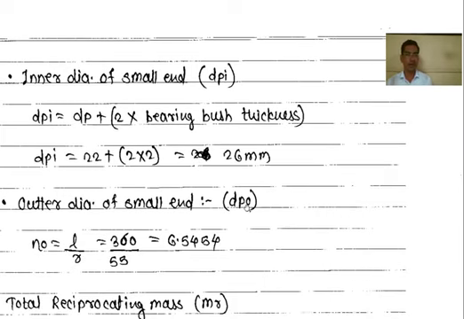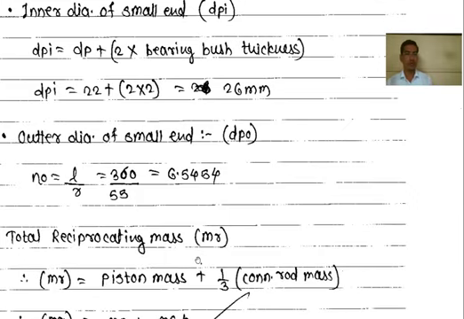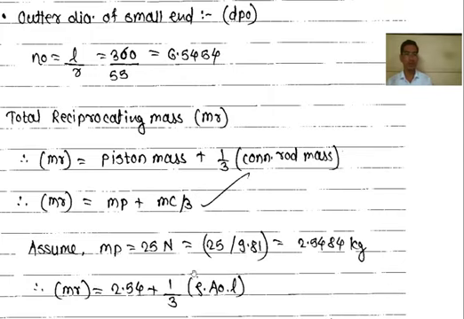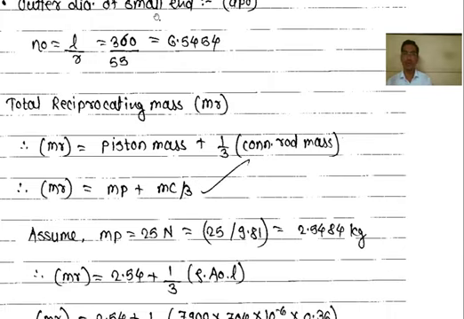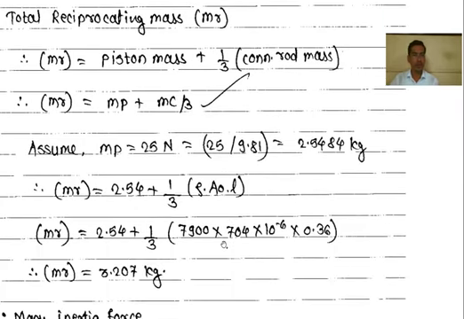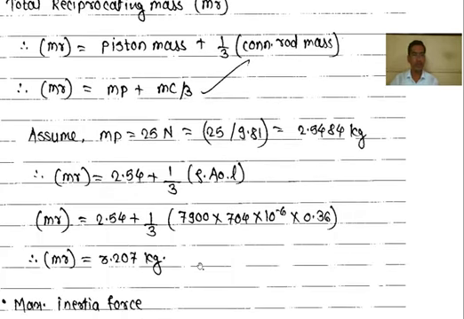Then the outer diameter of the small end DPO. We have to calculate N, which is equal to L upon R, so that comes as 6.5454. So the total reciprocating mass MR is equal to MP plus MC by 3. So putting MP is equal to 25, you will get the total reciprocating mass equal to 3.207 kg.